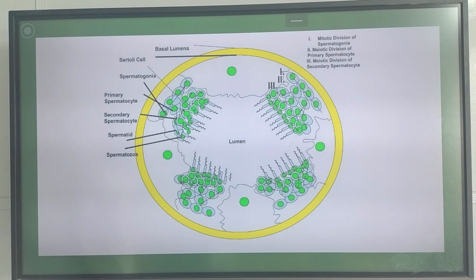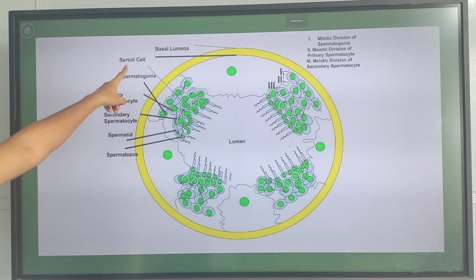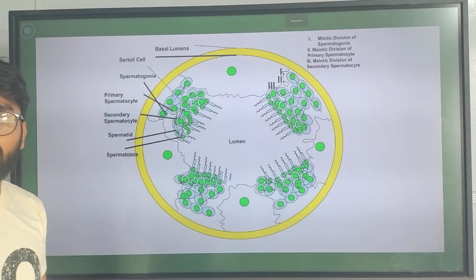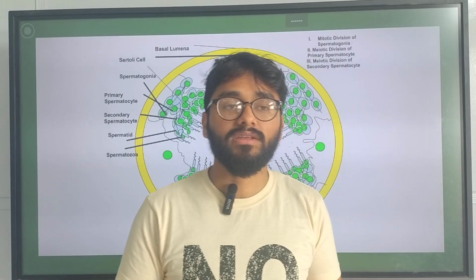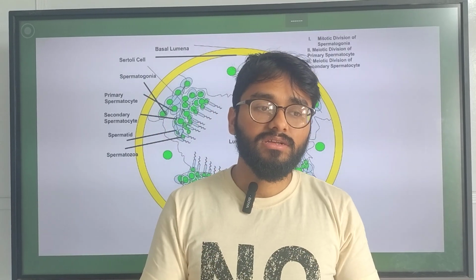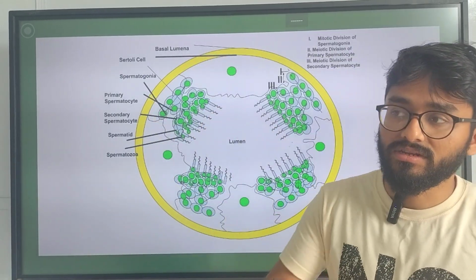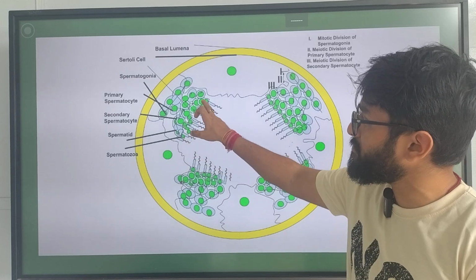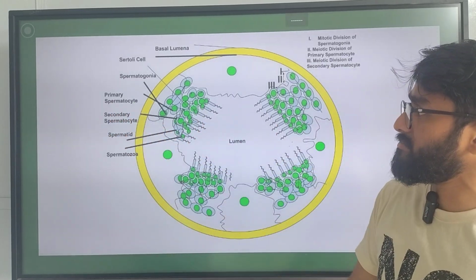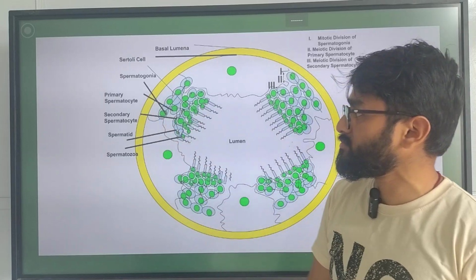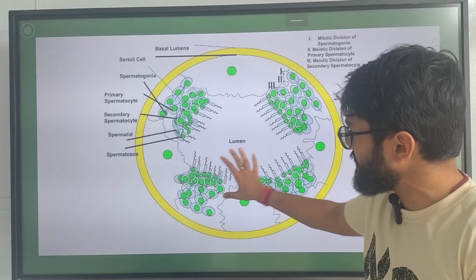What happens in this? You can see that these are spermatogonia, and these are the Sertoli cells which are responsible for nourishing the developing spermatids in these sections. From your primary spermatocyte moving on to secondary spermatocyte, this process continues.